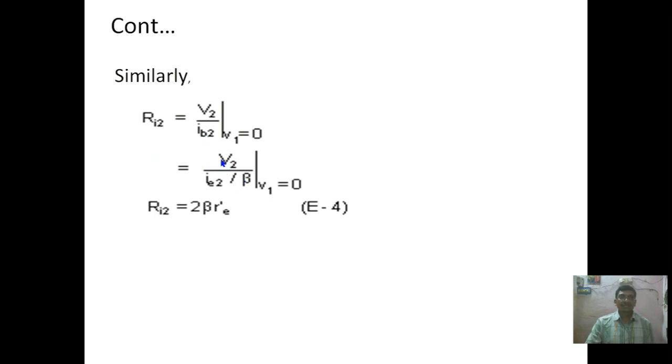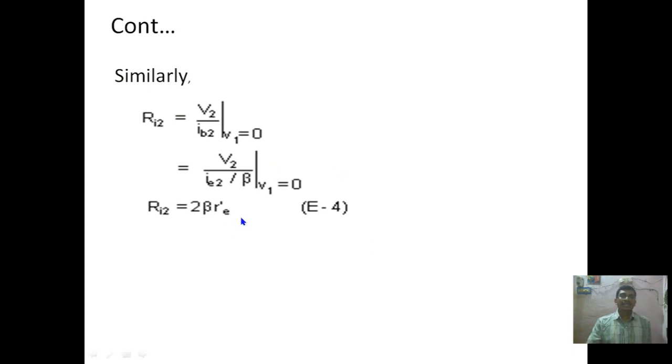Similarly, if you substitute the Ie2 value that we calculated previously, we get Ri2 is equal to 2 beta Re dash. So the input resistance of both stages will be equal in a differential amplifier. Hence, we can say Ri is equal to 2 beta times Re dash.